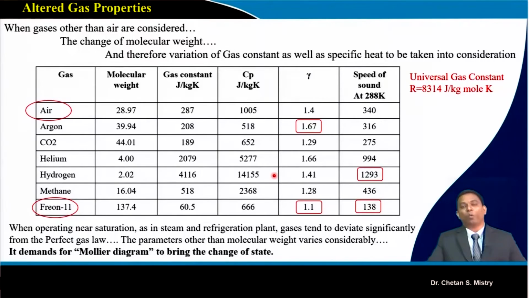In order to avoid that situation, many times people use Freon 11 as a gas for initial testing. The same kind of situation we have observed for wind tunnel testing. In the same way, people also use helium gas.